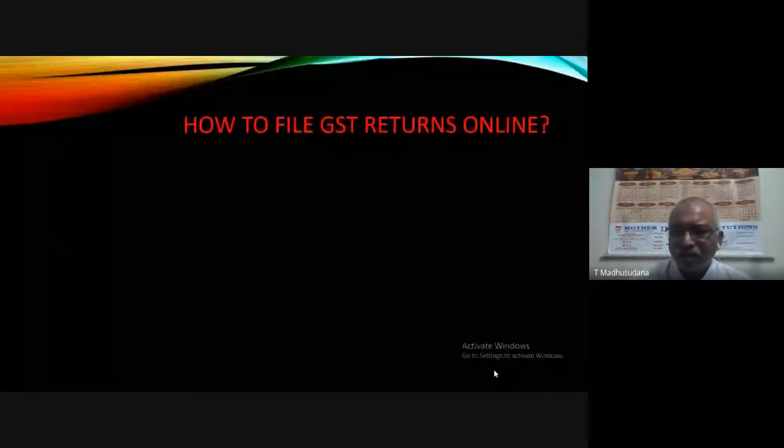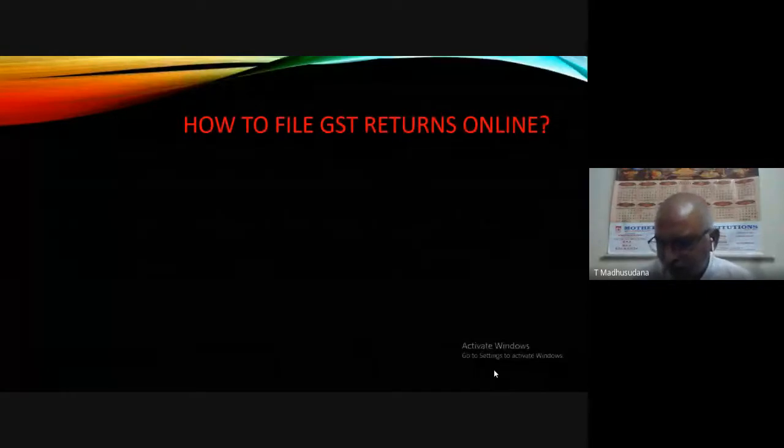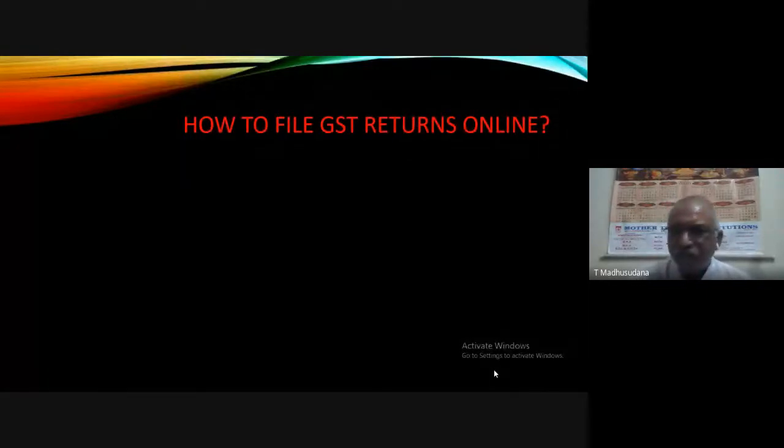Now, how to file GST returns online? The various forms of returns are to be submitted online. No physical returns are to be submitted. There is no question of submitting returns physically.